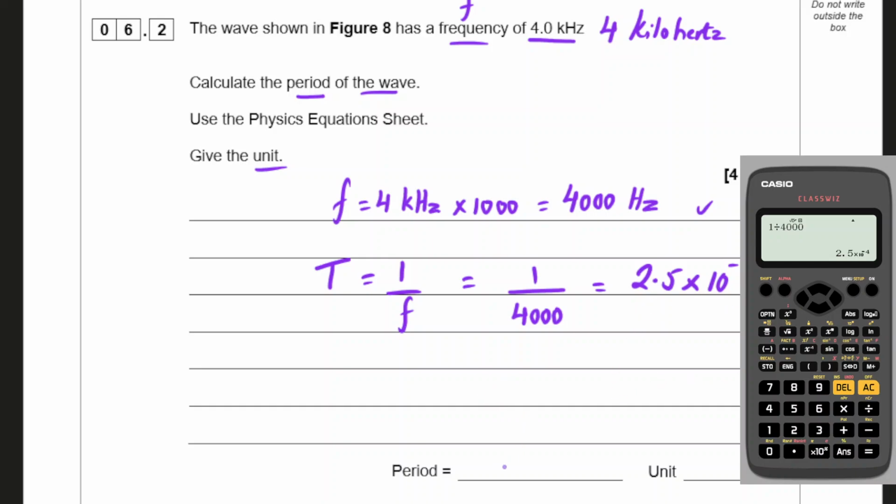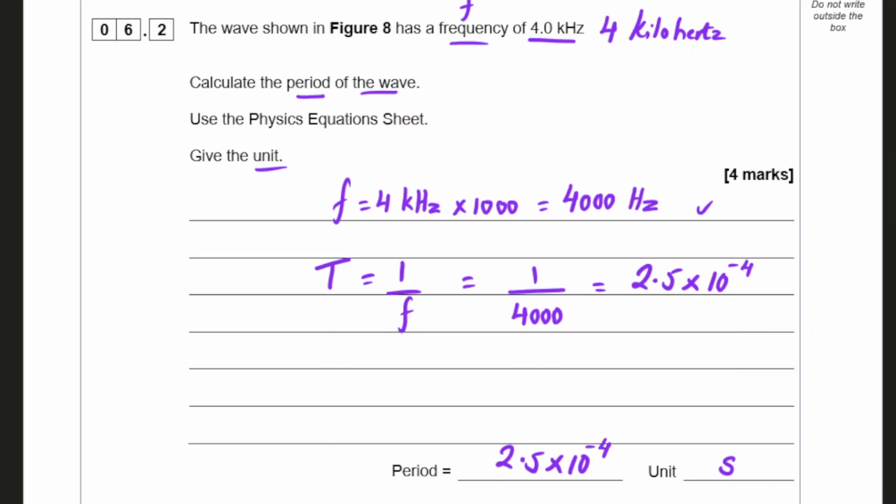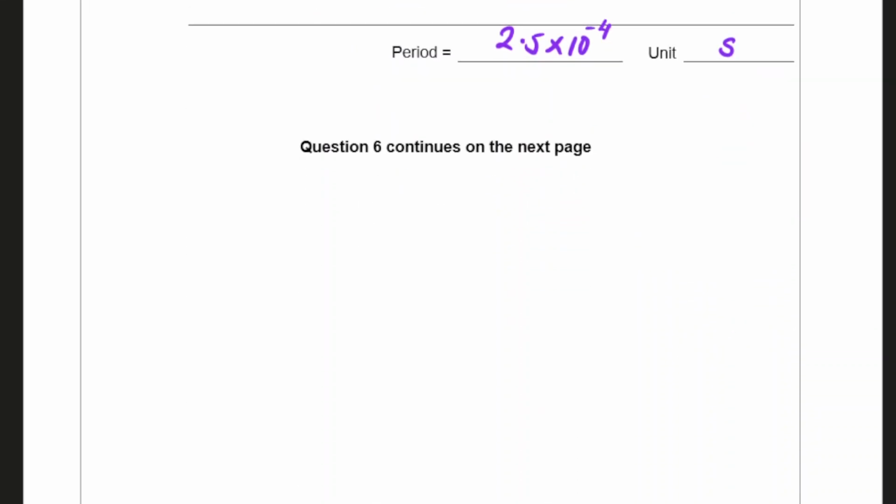So 2.5 times 10 to the power minus 4. Now the unit for period is second because it's time. So it's second. Next part.